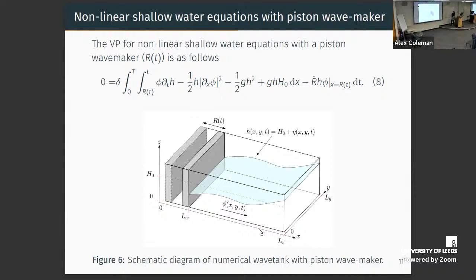Because it's now nonlinear, the movements are big enough. If you pay attention, at time 0 the wave maker is at 0, and the length of the domain is from 0 to Lx. But after some time, when the wave maker is at LW, the length of the domain is from LW to Lx. So it's shorter now.